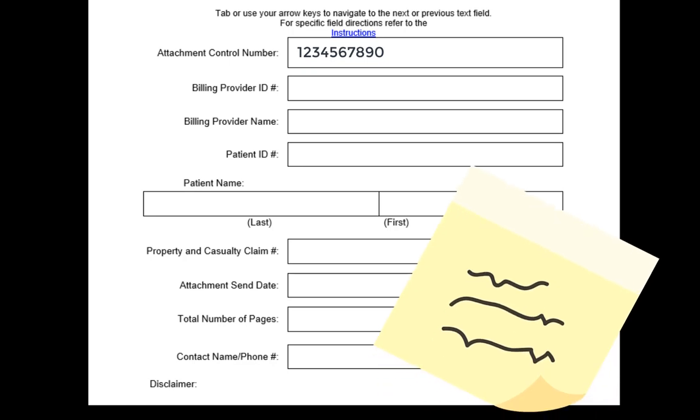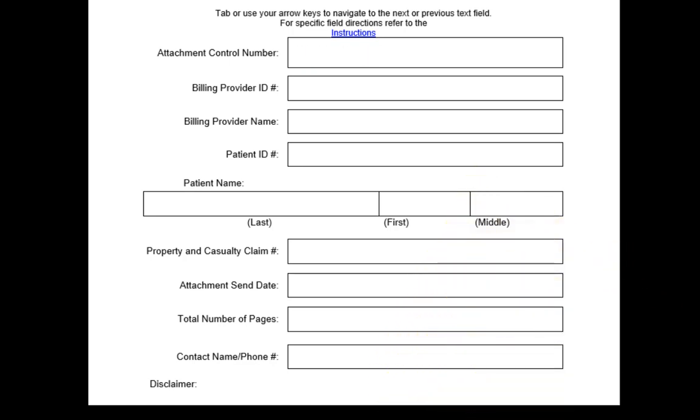Remember, this is the unique number that we created and entered on our MN-ITS claim. We enter our National Provider Identifier, or NPI, or Unique Minnesota Provider Identifier, or UMPI, in the Billing Provider ID number field. This must be the same Pay-to NPI or UMPI as on our MN-ITS claim.